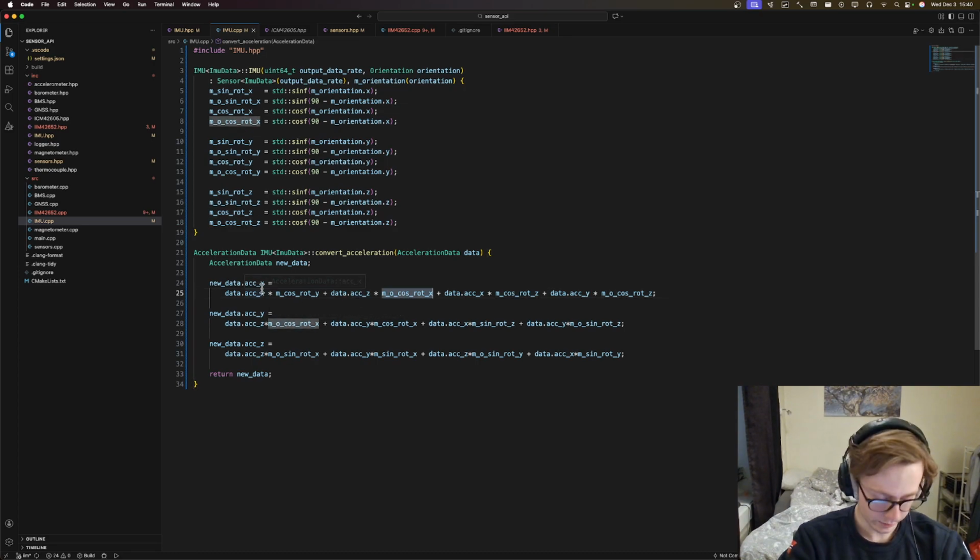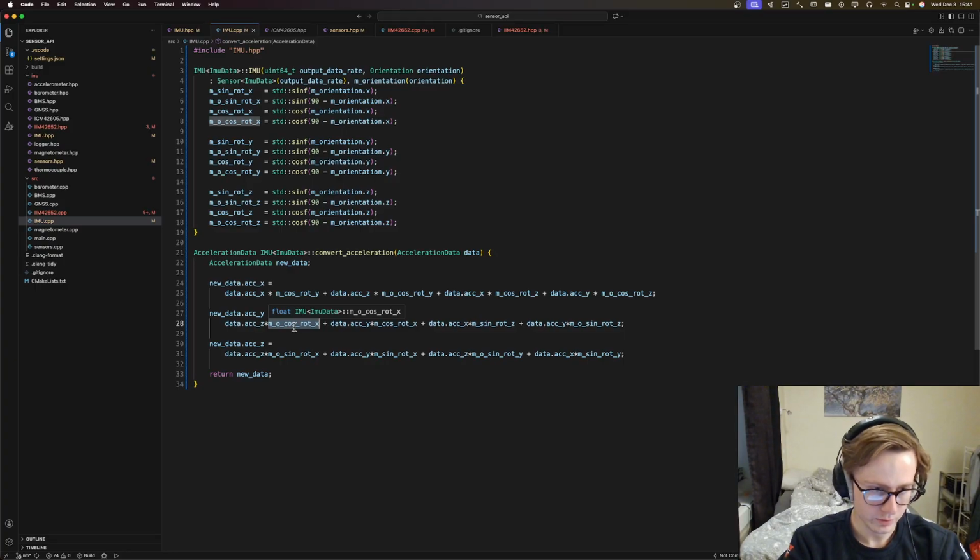Okay, so for x, this is x1, should have z times cosine rotation around y. That's a mistake. For y1, we have z opposite rotation around x. Yeah, I think that's correct.